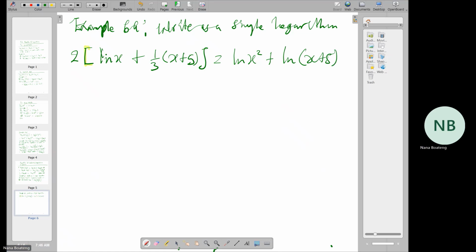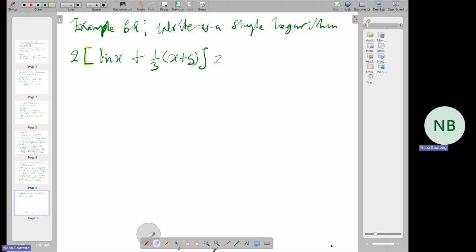So first, using the power rule, this will become, let me write this way first.